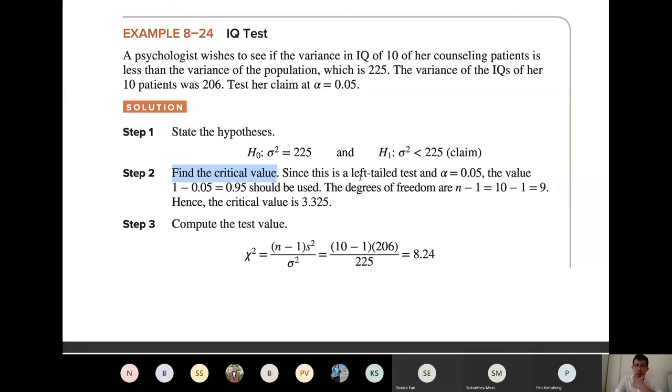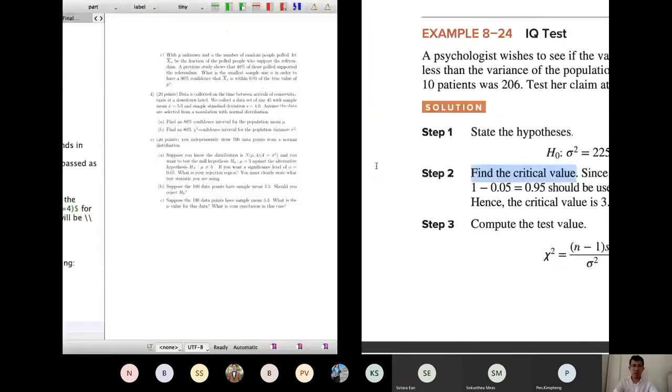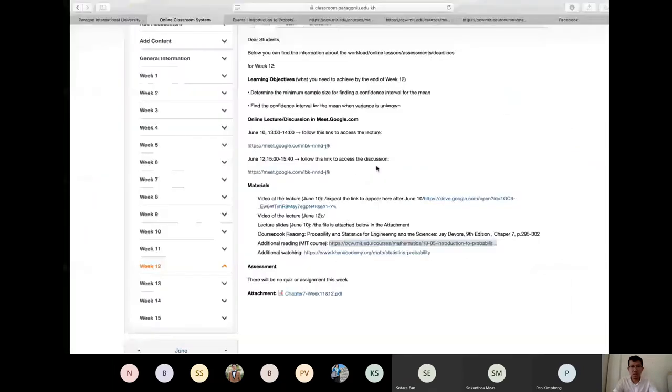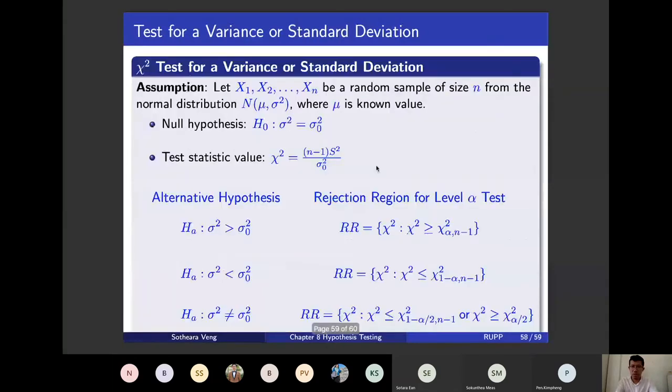Since this is a left tail test, why is it left tail? It depends on your alternative hypothesis, right? If sigma square is greater than a certain value, it is considered a right tail test or upper tail test.